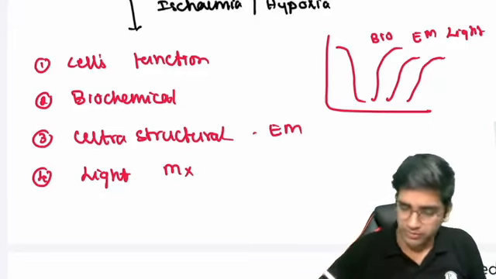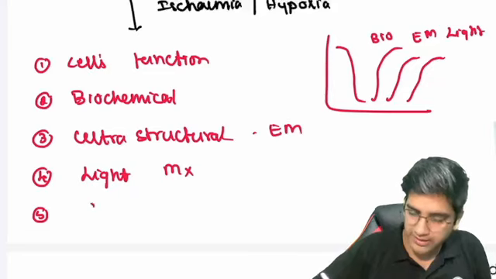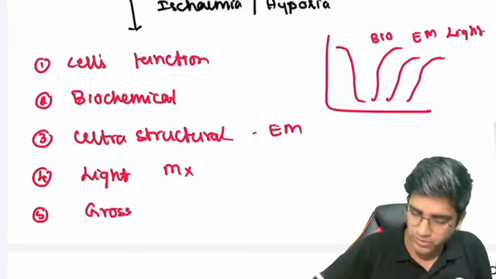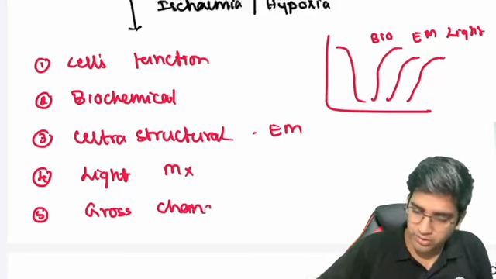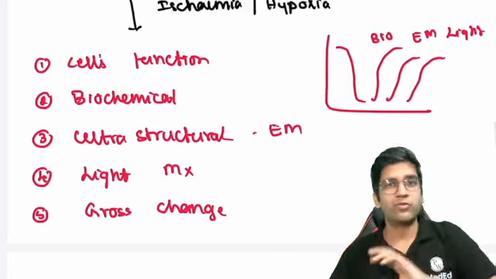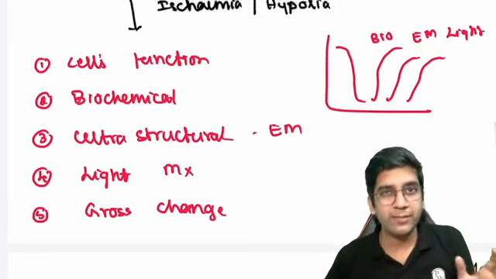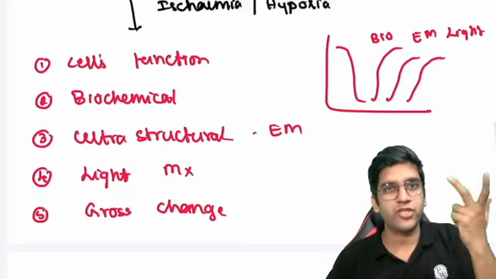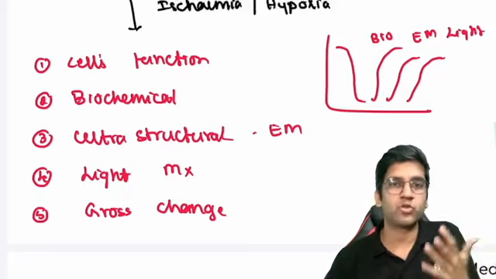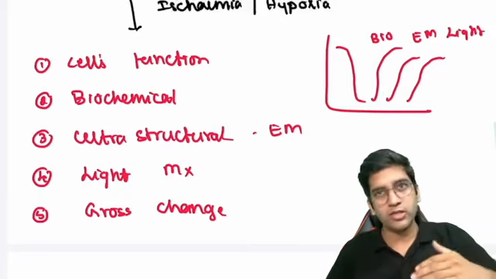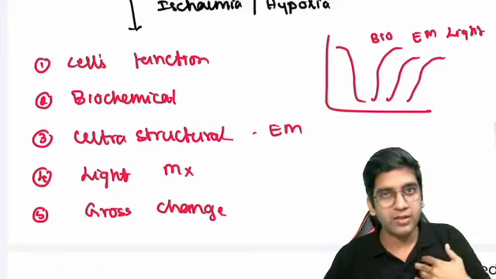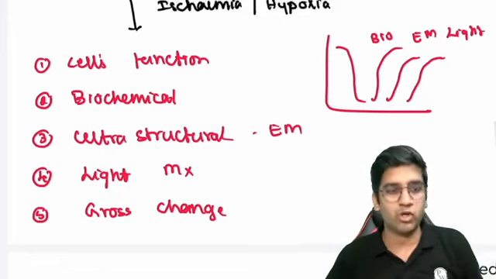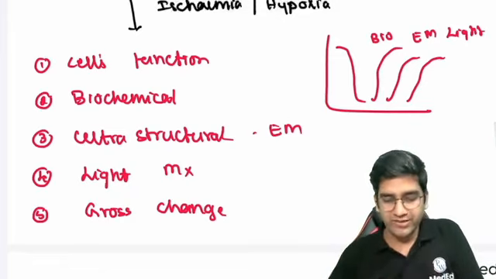This is normal microscopy. Then the last one, I'll have gross changes. That is the timeline of changes. If you have 2 mark questions about the timeline of change, the first is cell function goes away, then biochemical change, ultrastructural, light microscopy, then gross change. This is the order, not only for my heart, for every cell in my body, same order only, right? Okay. Now we know the order.